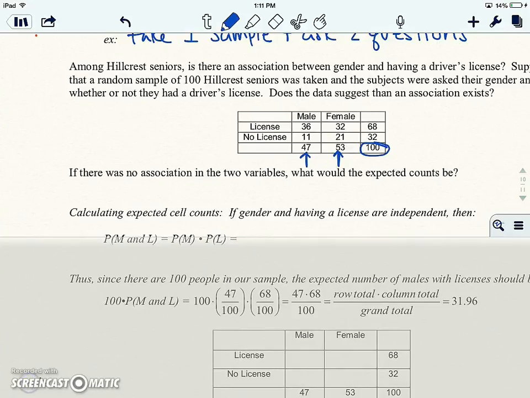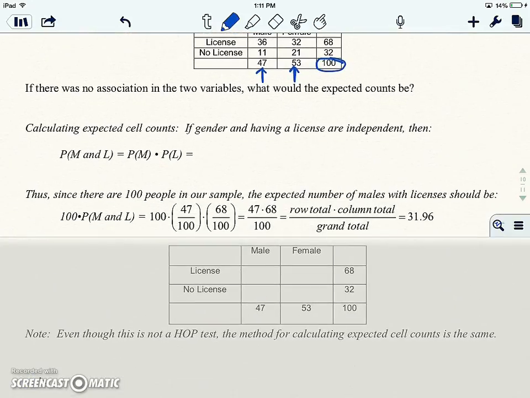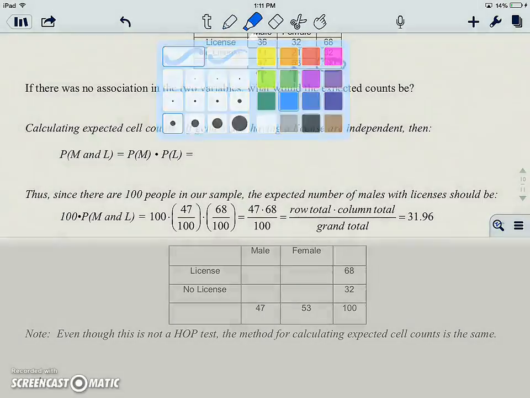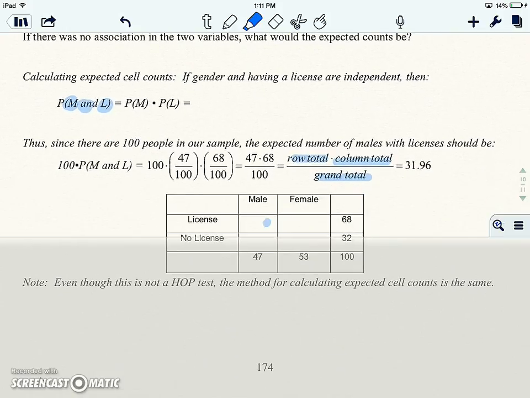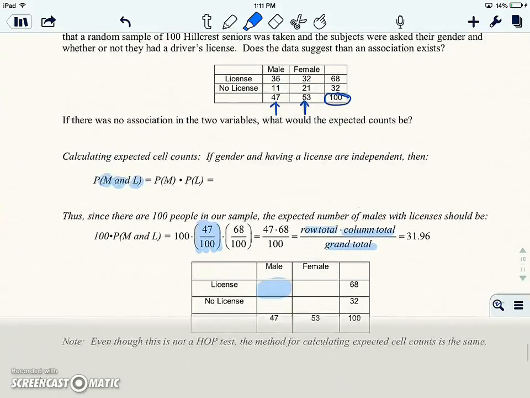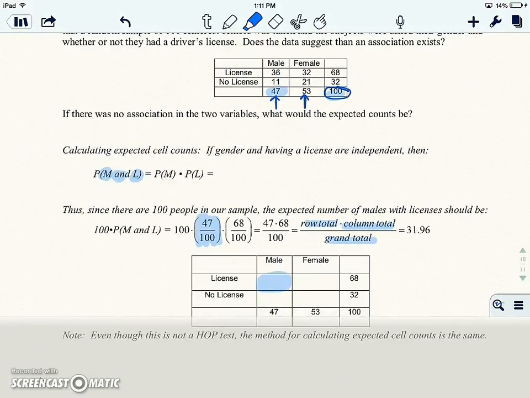Okay, and if there is no association in the two variables, what would the expected counts be? Well, again, we could do the shortcut, which is row total times column total all over total total. And really the question we're asking is, what's the probability of being a male and having a license? That would give us this part of our expected table. And so we would think about it as the probability of being a male, 47 out of 100. Okay, 47 guys out of 100.